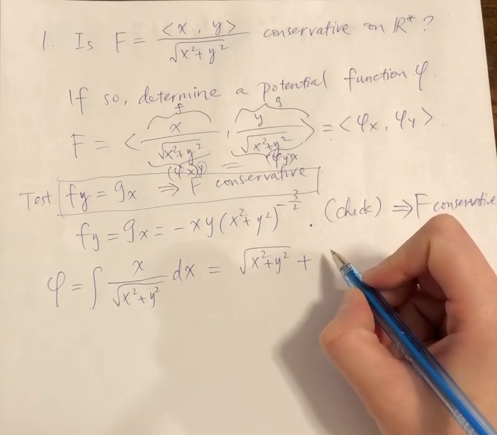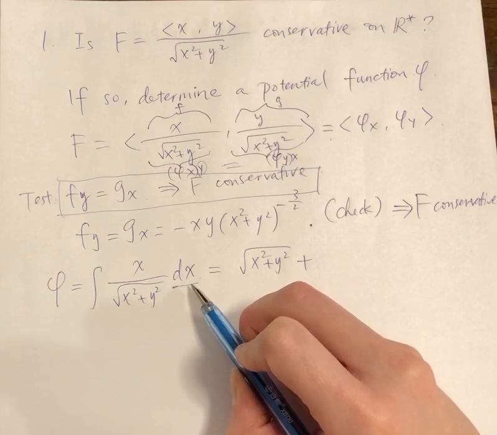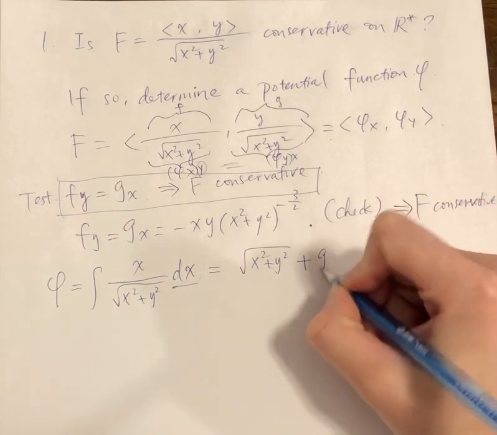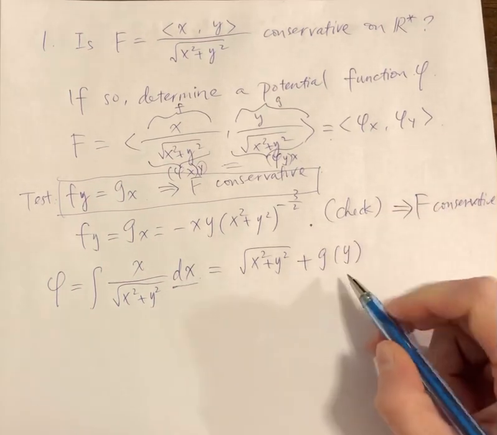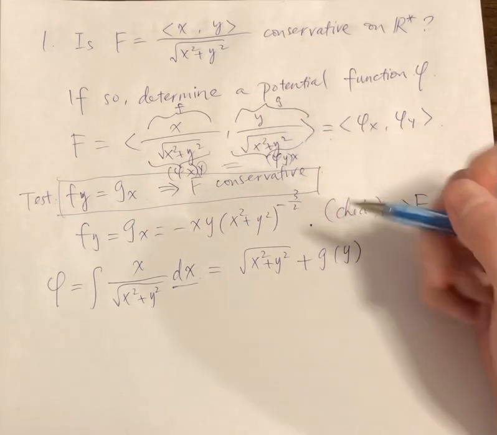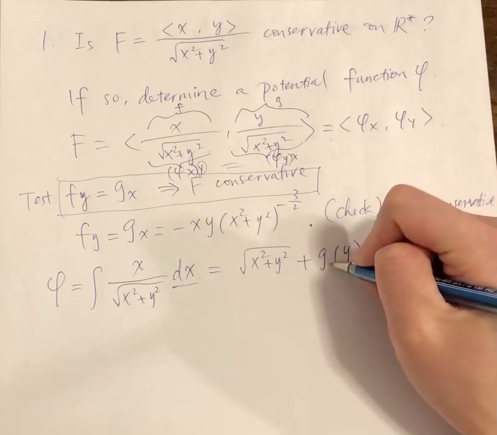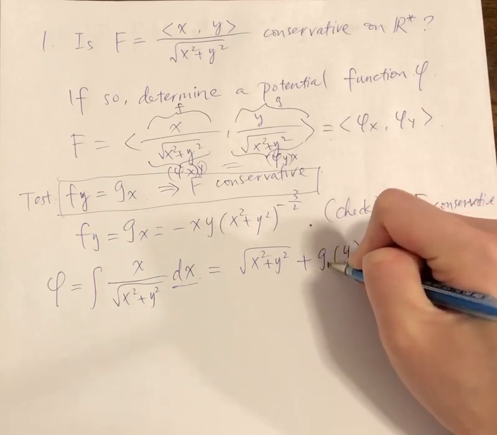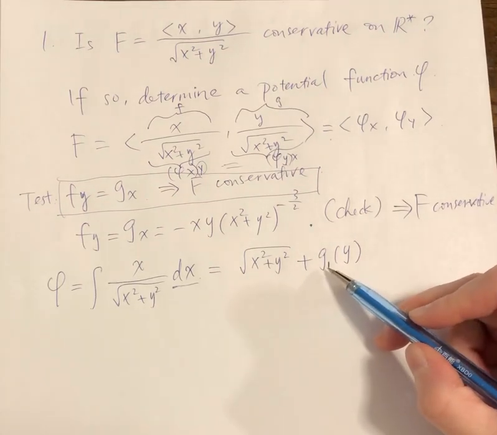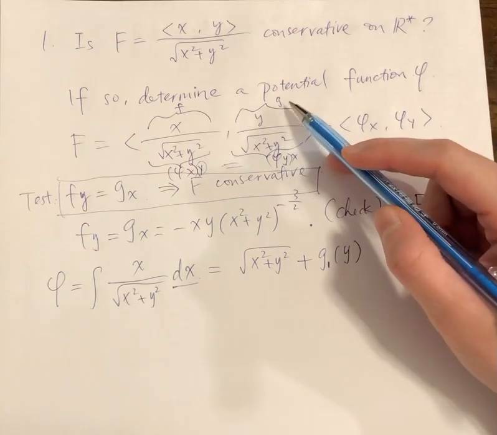But one more thing is that it's not just that. Because you're integrating with respect to x, it's possible that the original thing has some, well, I probably shouldn't use this g because g is already used. Let's say g1, just to make sure this g has nothing to do with the other g.